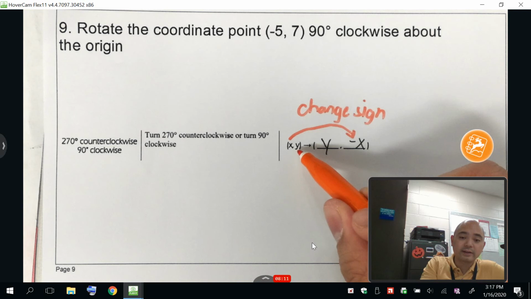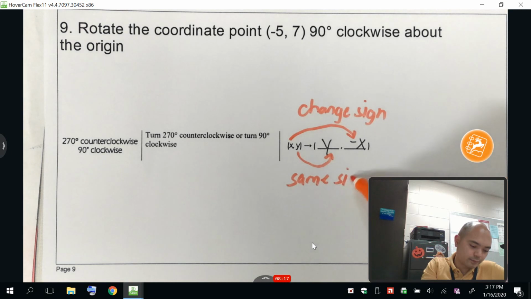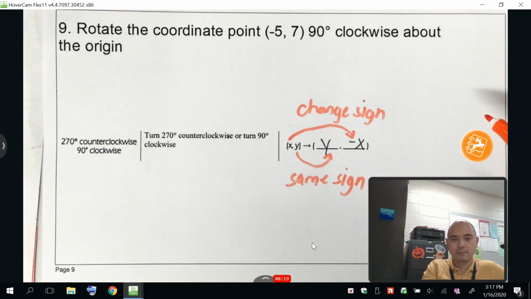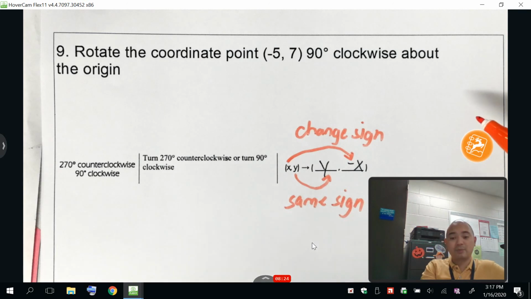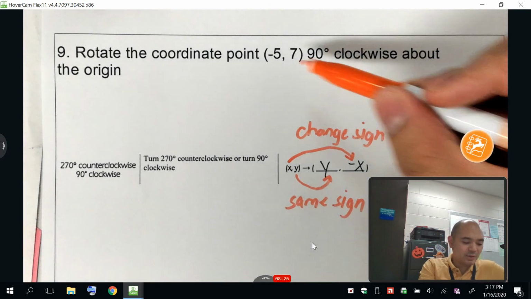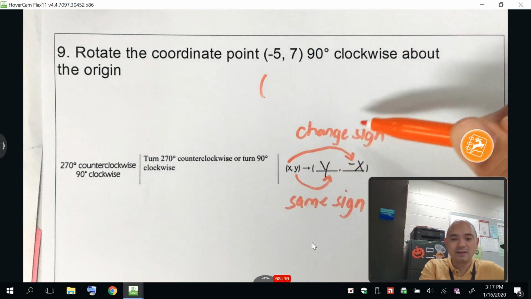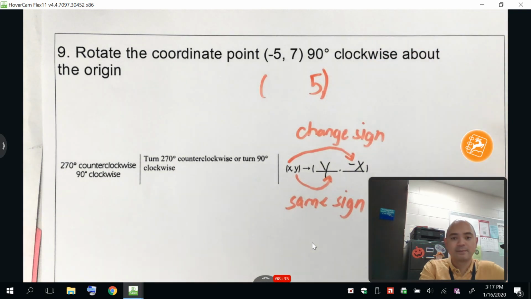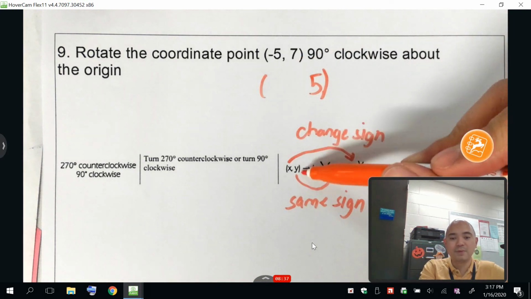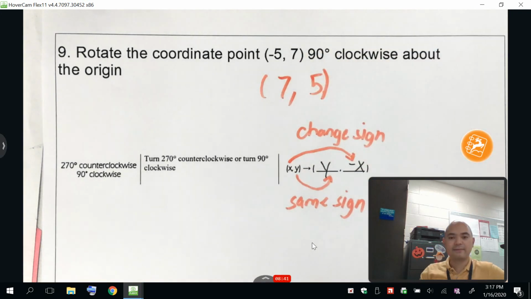Your y here moves to the front, but it keeps the same sign. Okay, so take a minute to answer that. And then we're back. And so what you're doing here is that negative 5 moves to the back, changing the sign. It should be a positive 5. This 7, as it moves to the front, has the same sign. So (7, 5).